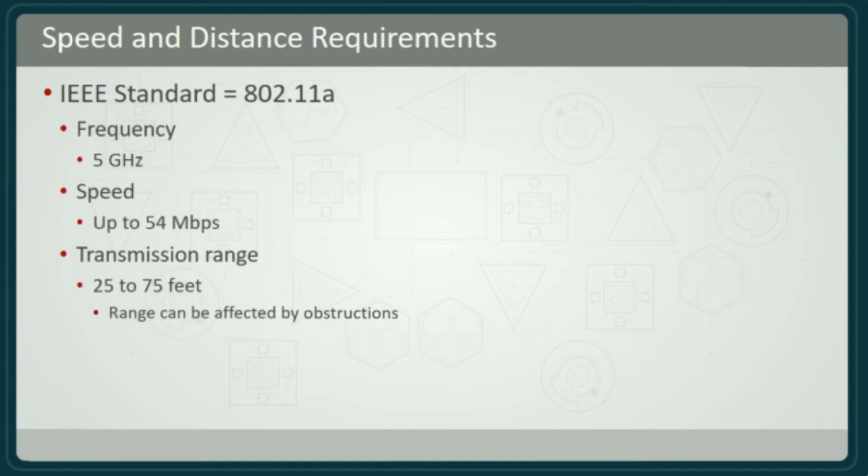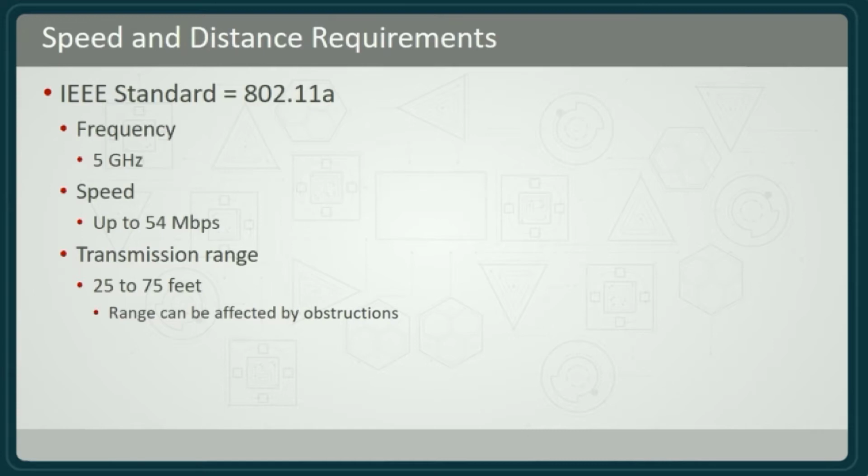But as technology improved and as protocols were refined, we saw 802.11a come out, and this used a frequency of 5 gigahertz with a speed of up to 54 megabits per second and a transmission range of 25 to 75 feet. So that was certainly a lot better in terms of speed and distance, but the range could certainly be affected by obstructions.